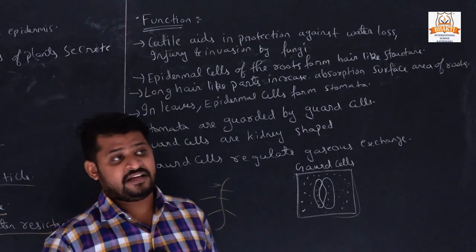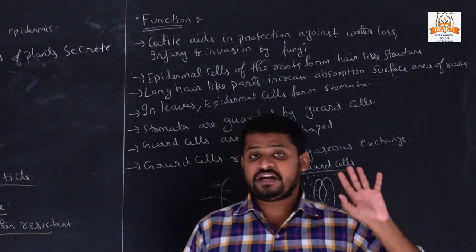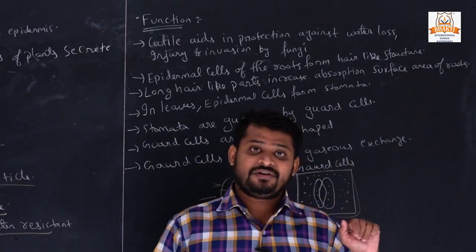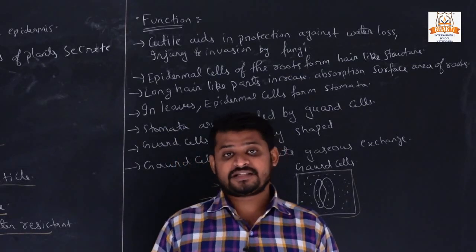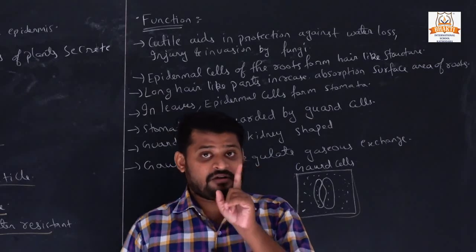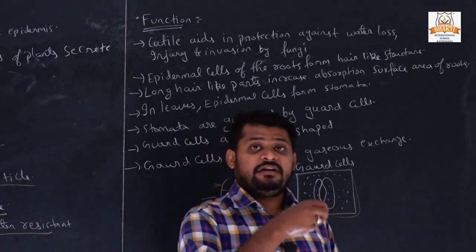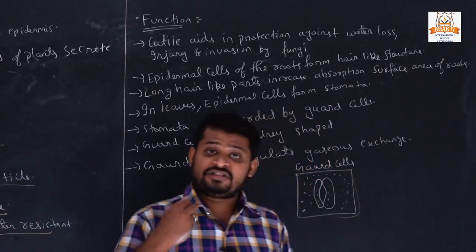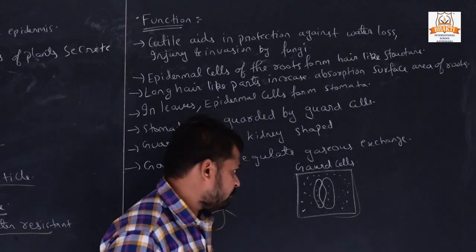So the question arising is, if stomata are always open, the plant will continuously lose water. So how does it prevent water losses? Because when gases are exchanged there, water and gases are both released at the same time.